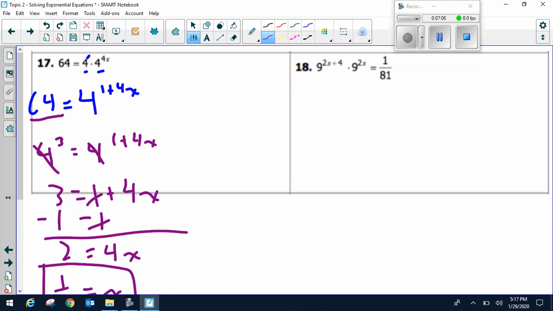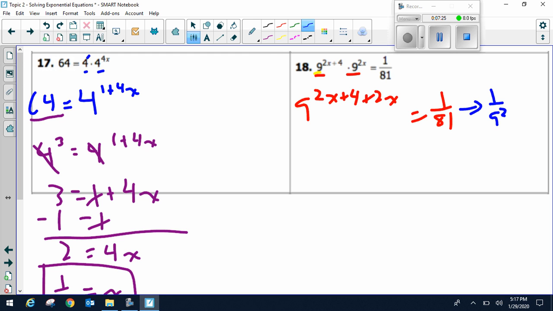And then same thing over here. They have the same common base already. So we're going to go ahead and add their exponents together. So 2x plus 4 plus 2x equals 1 over 81. Now, 1 over 81 is the same as 1 over 9 squared. But remember, when you have 1 over, that's the same as 9 to the negative 2.